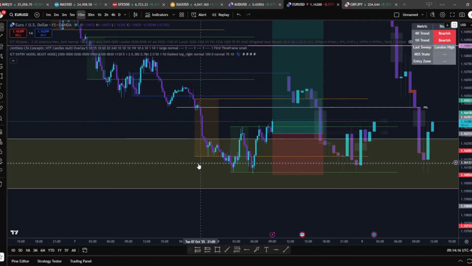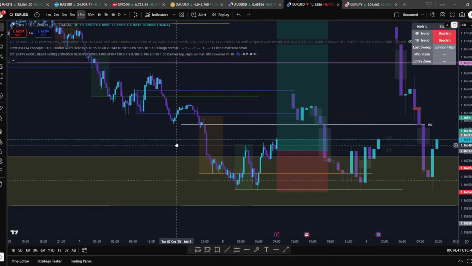Because we are delivering from a fair value gap. We came down to sweep liquidity again. We've inversed the fair value gaps we had our eyes on. We then respected a fair value gap here. Okay. And we delivered fast and strong out of that fair value gap. That is why we have a little bit more confidence in this one, right?